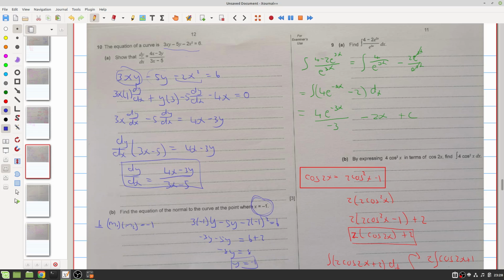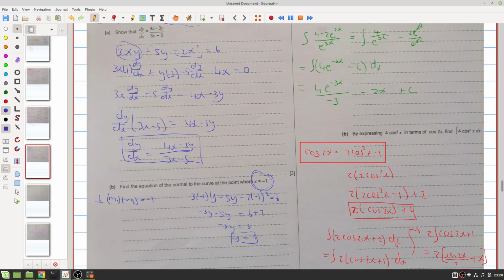Okay, so we've got a point where for x and y coordinate, -1, -1. So that's a coordinate that we have now. So at that point, what is our gradient? Well, we just plug it in. So our gradient is dy/dx, and we want to do it when we substitute this point, -1, -1, right?